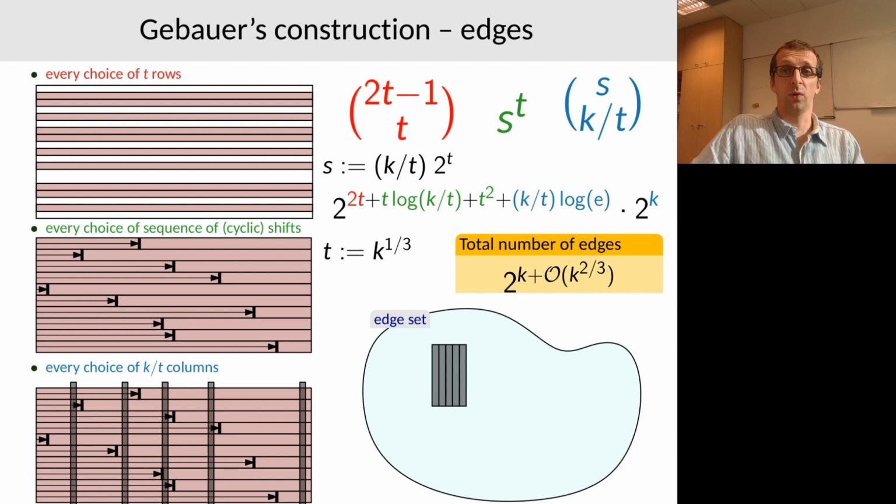Now we would like to improve the construction. And you can see that using every choice of rows and every choice of sequence and every choice of columns seems like an overkill. So it's natural to look for some smaller sets of candidates which would be good enough for the construction.